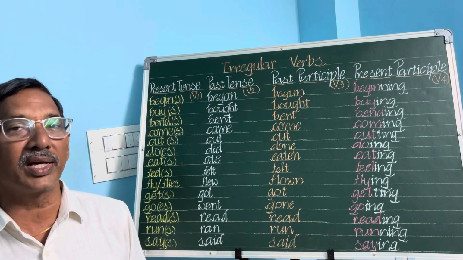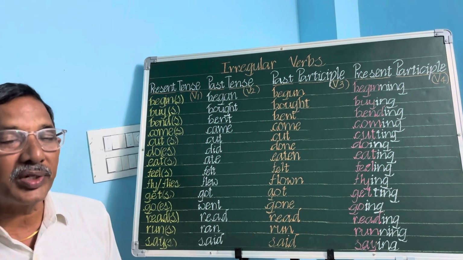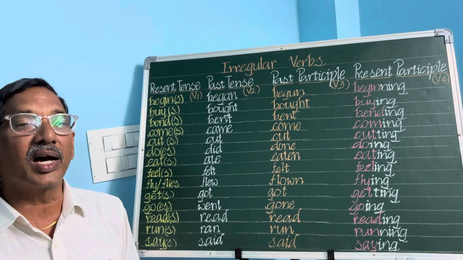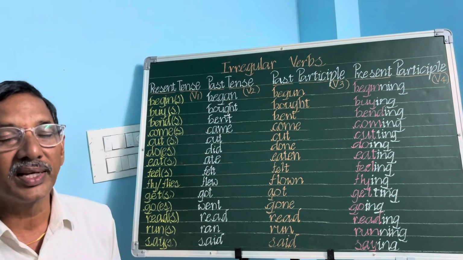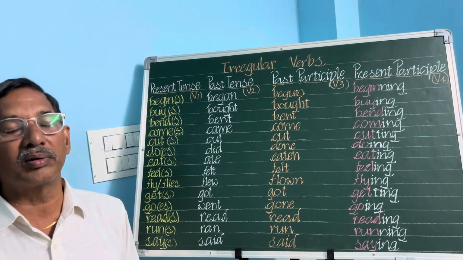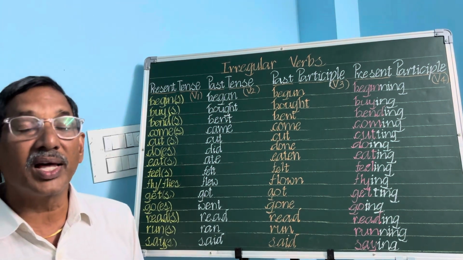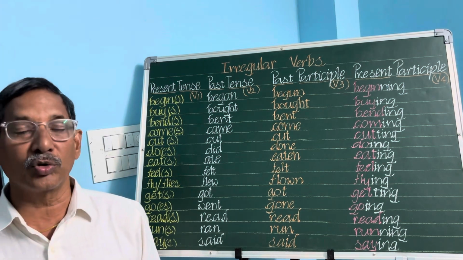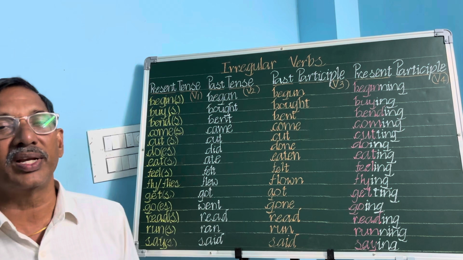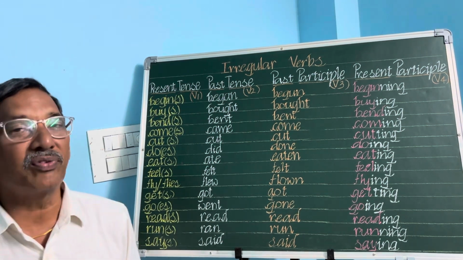If you want to learn English, if you want to be a fluent speaker, you think in your mother tongue and collect the verbs of your mother tongue, translate them into English, and know the other forms with the help of a dictionary, or with the help of the internet, Google, etc. You can find them.